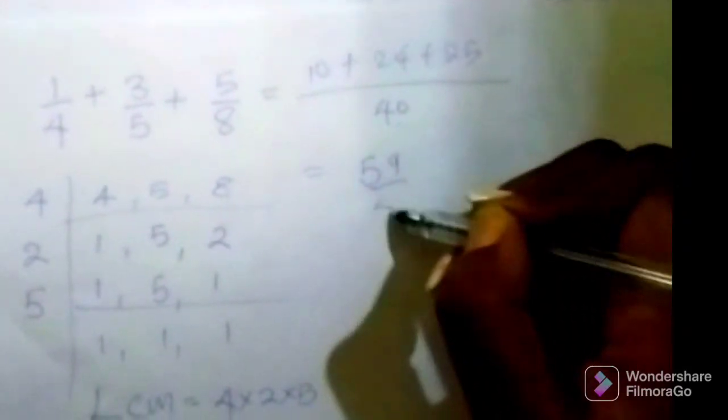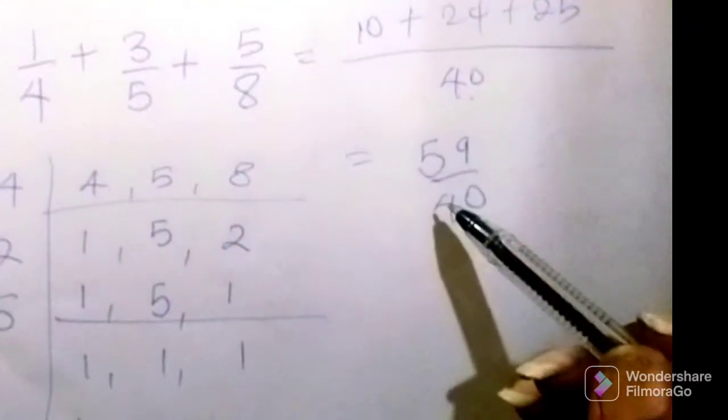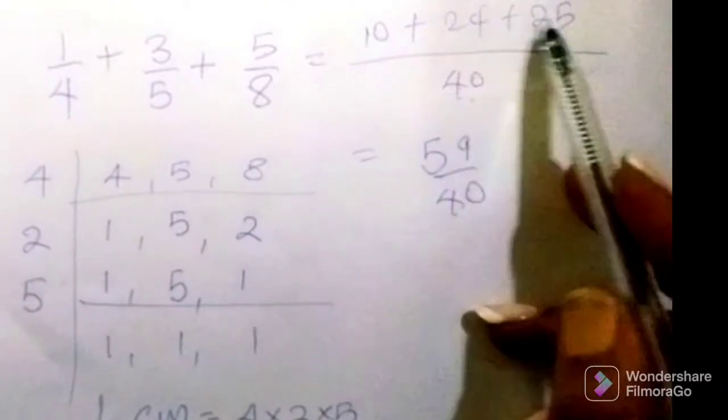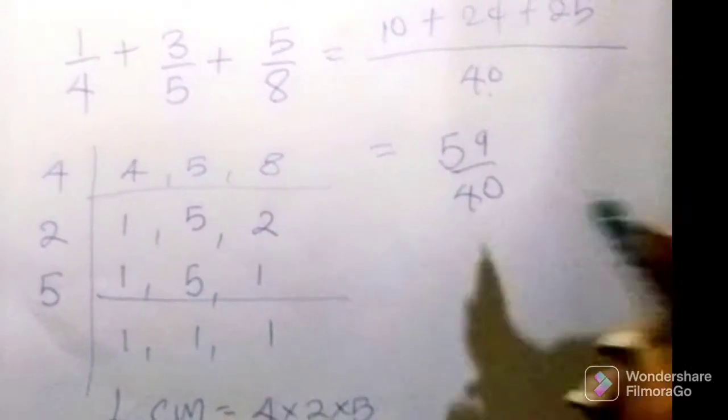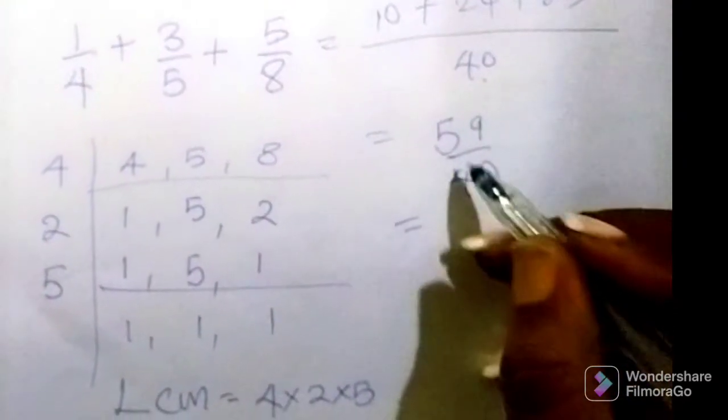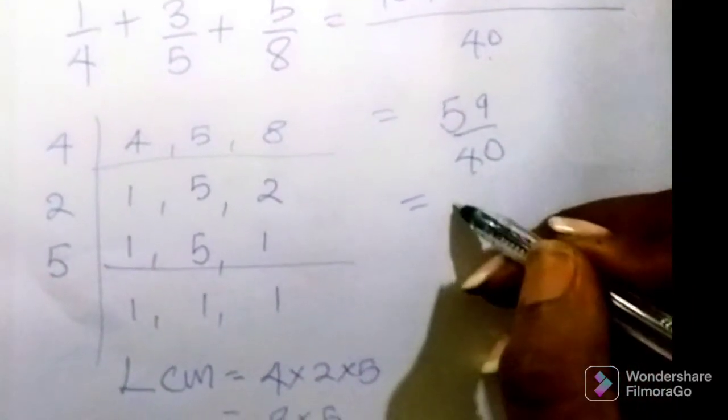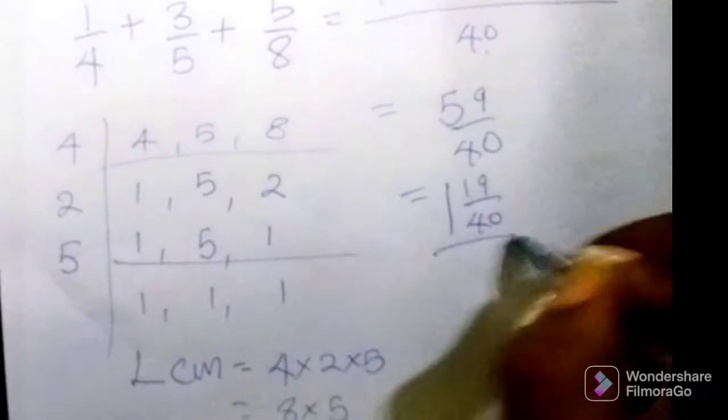So we have a total of 59 over 40, right? 10 plus 24, 34, plus 25, which is 59. So our answer is 59 over 40, or one whole number, 19 over 40.